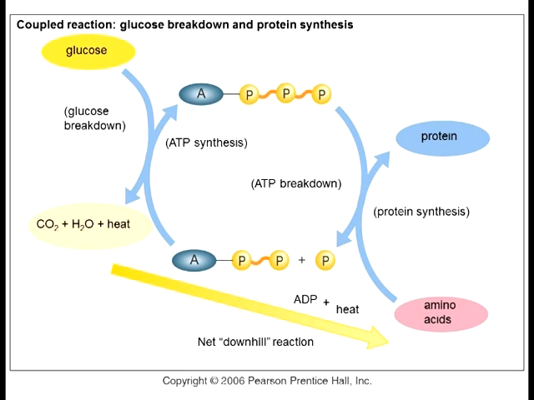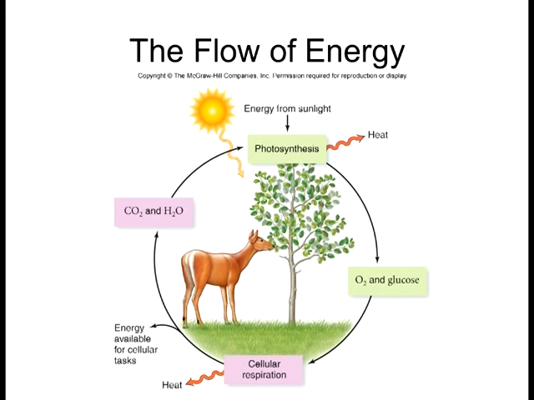Which brings us to the fact that if we don't have photosynthesizers on this planet, you and I wouldn't be here. Because we'd run out of energy. Without something to absorb the sunlight and turn it into food for you and I, we're not here. We don't exist.